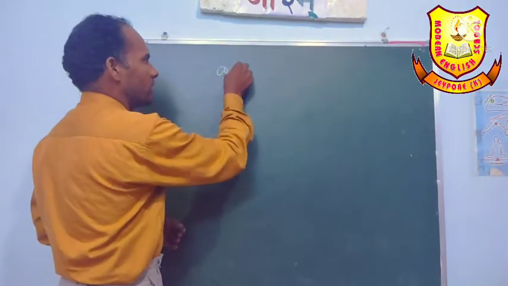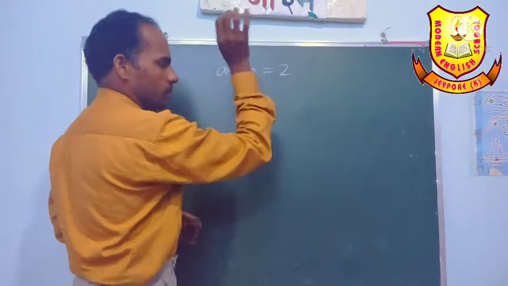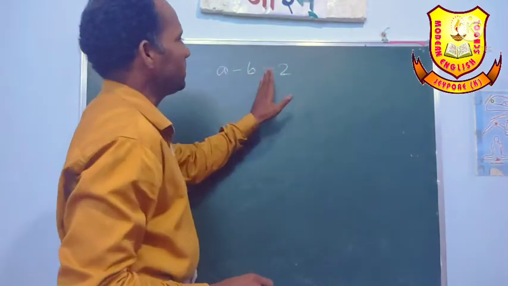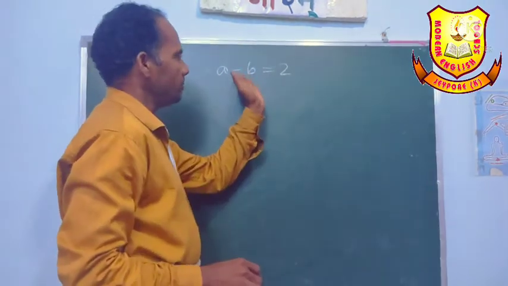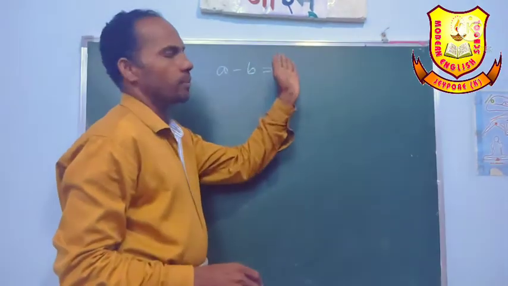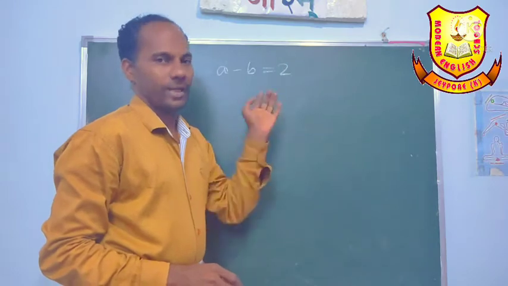Let a minus b equal to 2. So a minus b equal to 2, so a will be equal to 2 plus b, according to transpose.